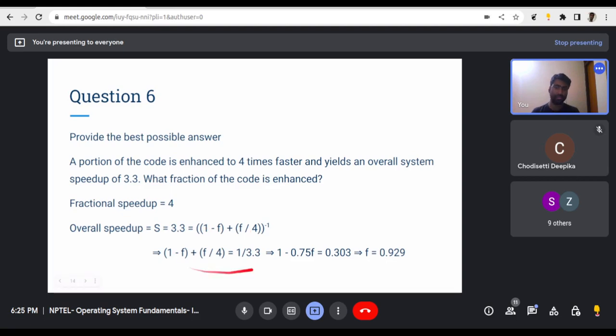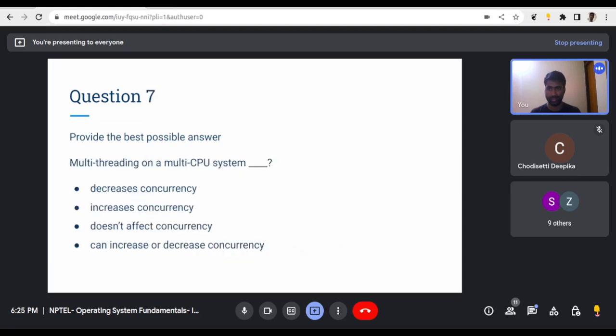Now you just need to solve this equation and you will get the value of f, that is 0.929. It is very close to 1, as you may have already guessed, since that fraction is sped up by 4 times and that causes the overall system to speed up by 3.3 times. So it should be a large portion of the system that is sped up. Anyway, let's get to the next question then.